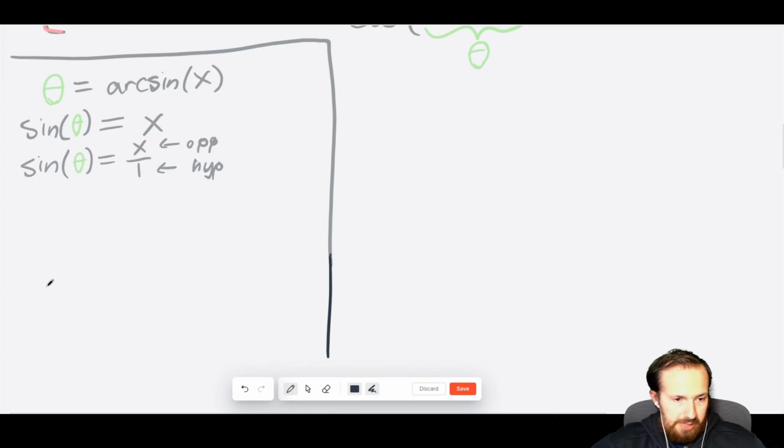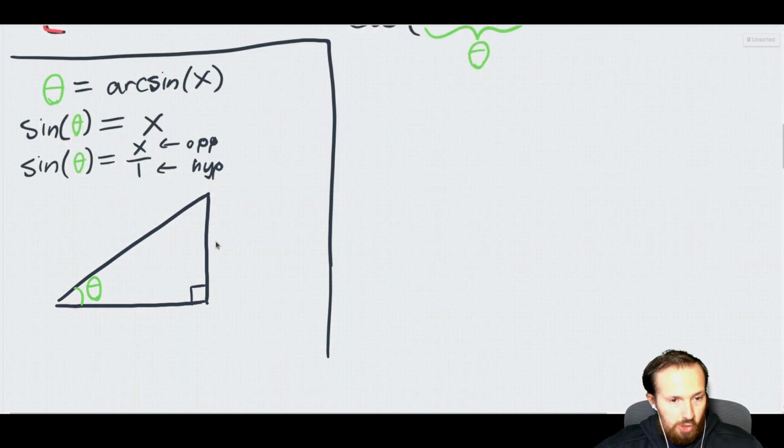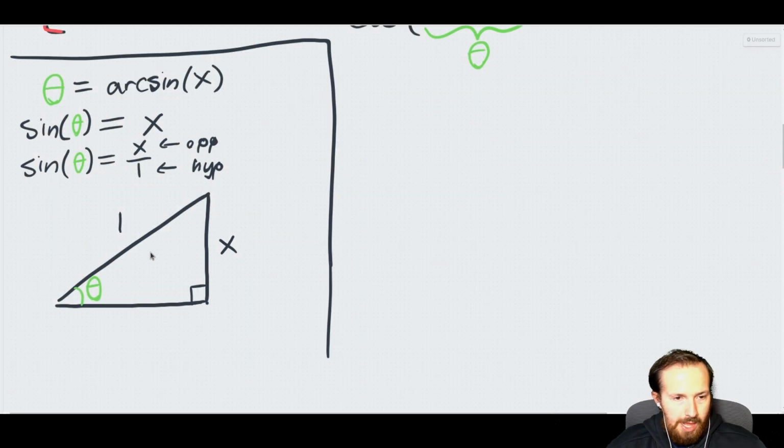Now, let's actually draw the situation to understand what we're dealing with. We're dealing with a right triangle, where this is the theta value, and let's say this is 90 degrees, because remember, the trig functions are only true for right triangles. The opposite side we can think of as x, and the hypotenuse we can think of as 1. If this is a right triangle and we know two sides, we can figure out the other side.